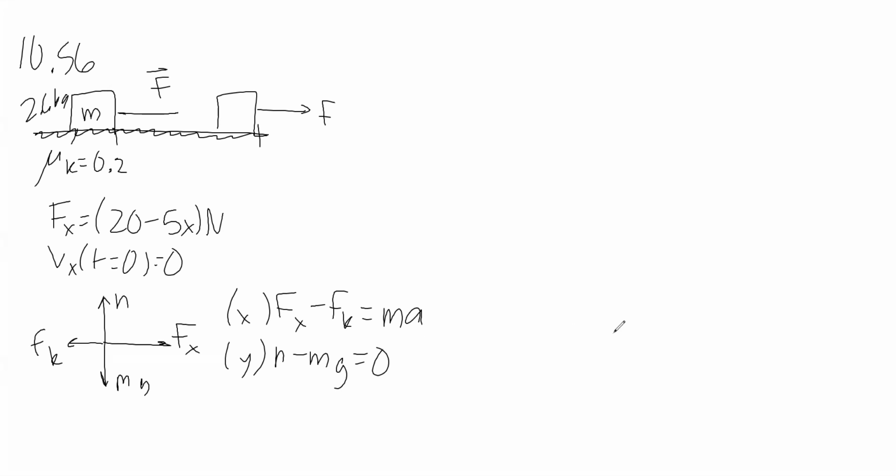So when you try to do this equation, you get 20 minus 5x newtons for the force, minus the friction force, 2.6 times 9.8, which is 25.48, I think, times 0.2, so 5.6 point something. Whatever that friction force is equals the mass times the acceleration.